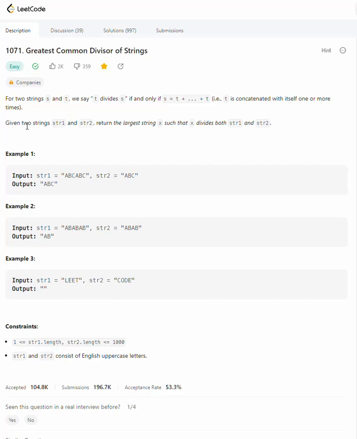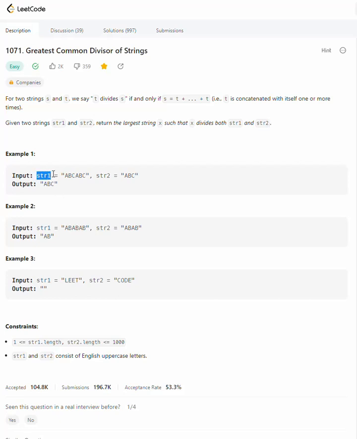Here we are given two strings, string 1 and string 2. In the problem, as an example, we will be given two strings, and we have to find the largest string x that can divide both string 1 and string 2. What does it mean? For example, see this.